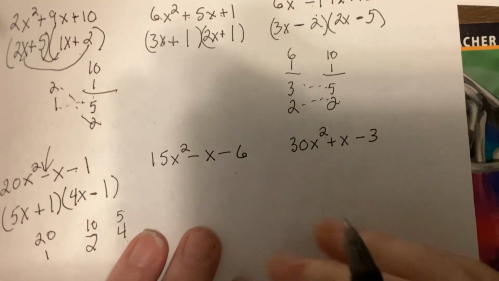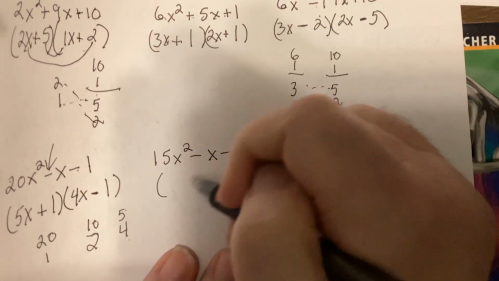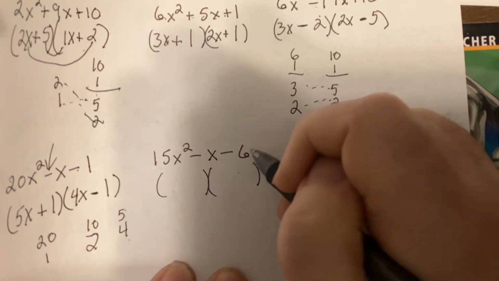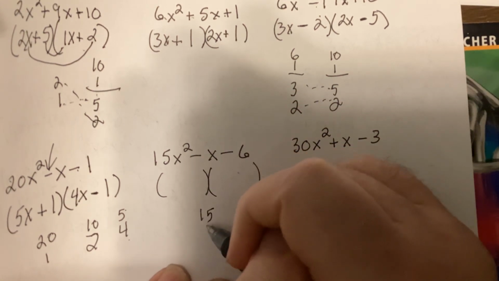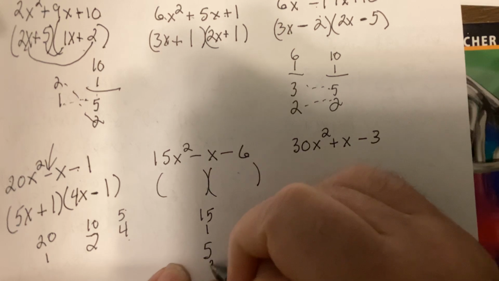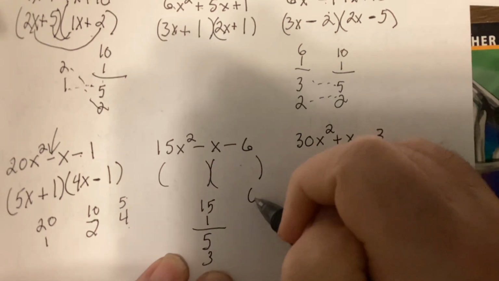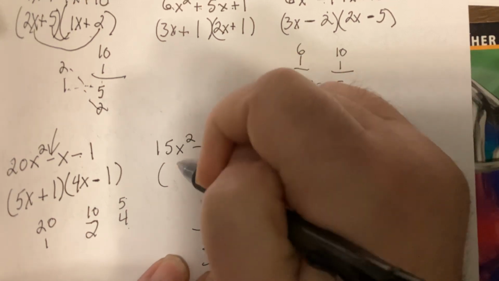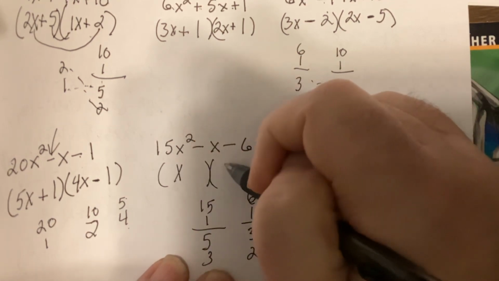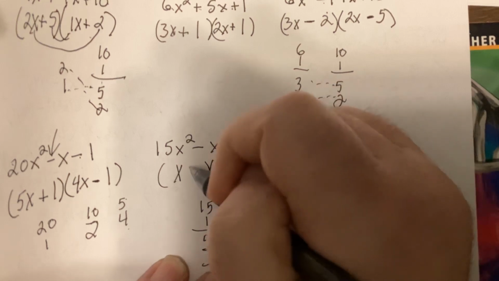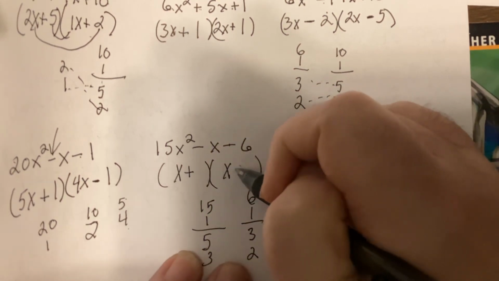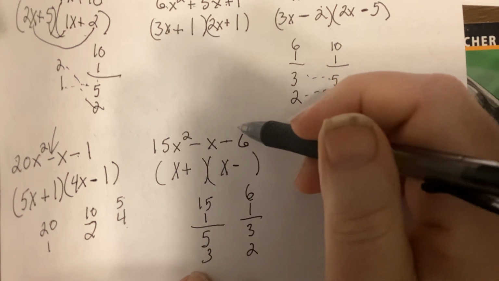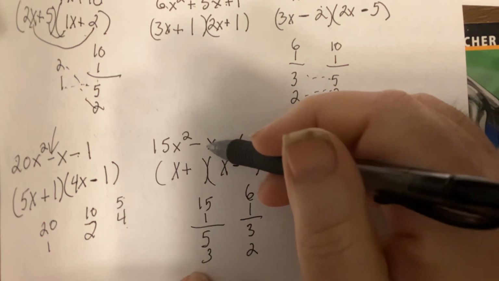Okay, we're getting more difficult all the time. So 15 and 6, we have 15, 1, 5, 3. 6 is 6, 1, 3, 2. Now x squared is x, x. Last term's minus, so plus minus. Now, I need 1.